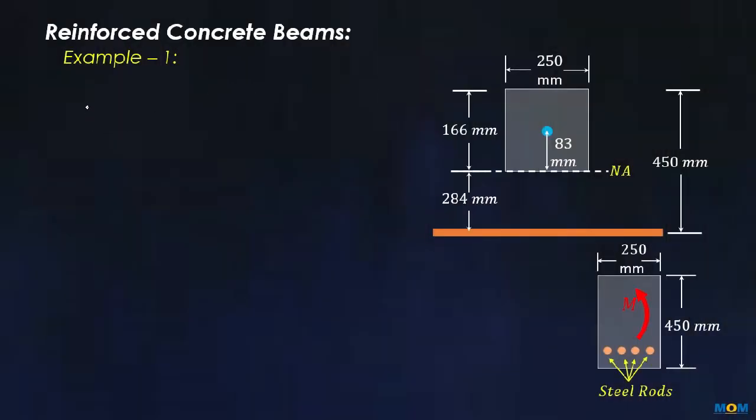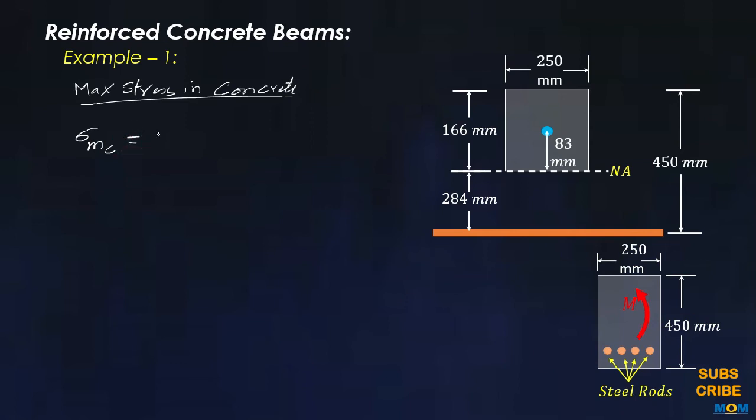Now we will calculate the value of maximum stress in concrete. This is sigma is equal to Mc upon I, that is M is 200 Newton meter. Now the value of c for the case of concrete is going to be 166 millimeter from the neutral axis.